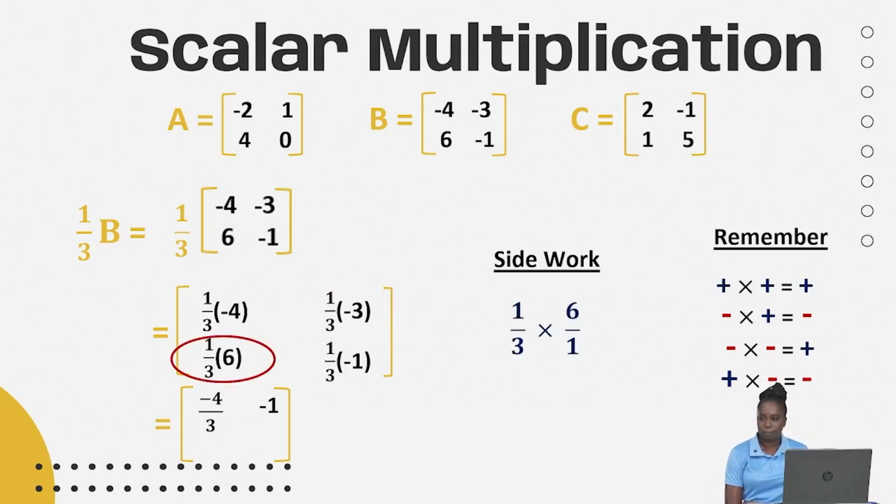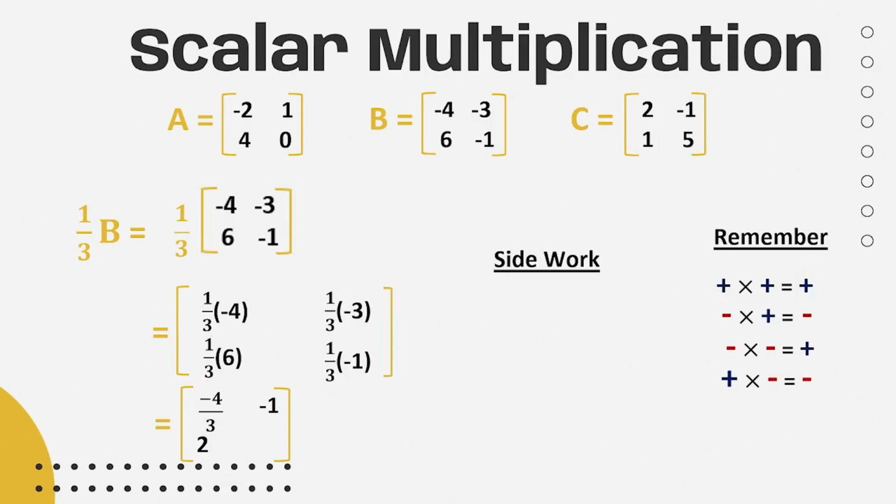1/3 of 6. Again, we look in the direction of the sign, and we can reduce 3 and 6. What can go into 3 and 6? 3 can go into 3 and 6, and we know 3 into 3 is 1. So 3 into 6 goes 2 times, and so 2 over 1 is just 2. And our final portion, 1/3 of negative 1.